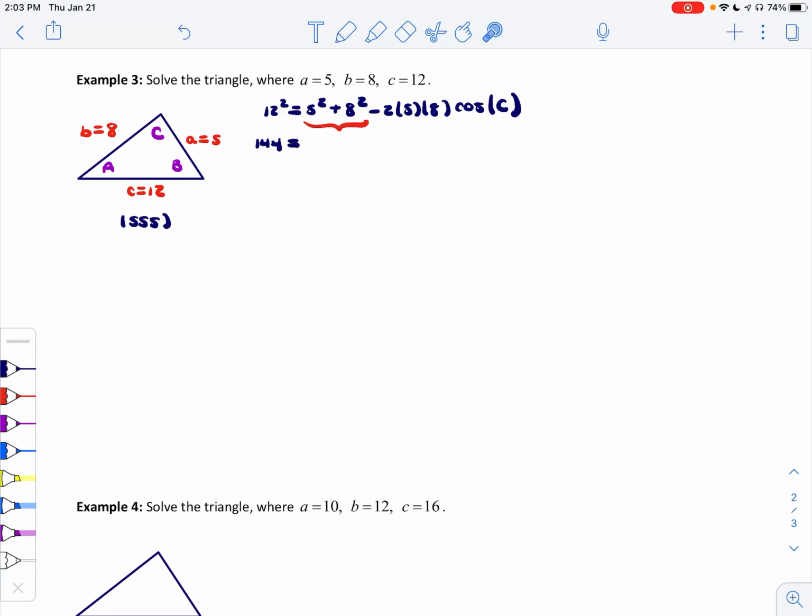Then we have 5 squared plus 8 squared, which is going to be 89.